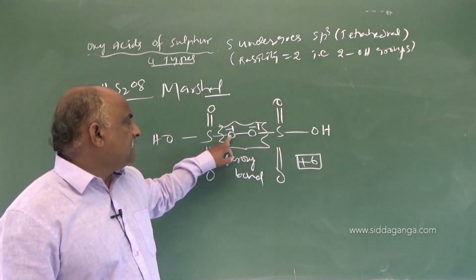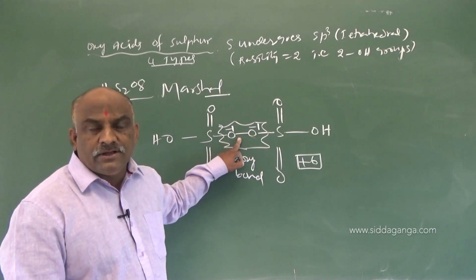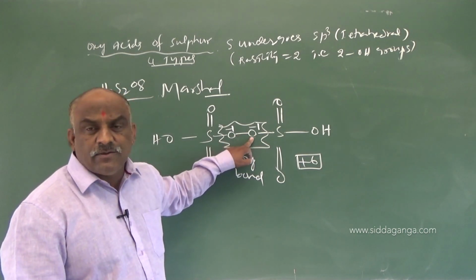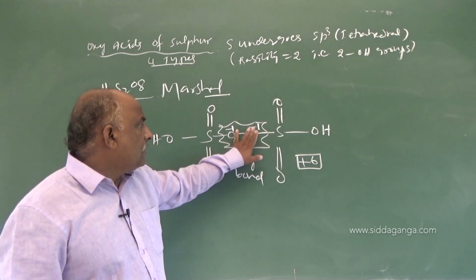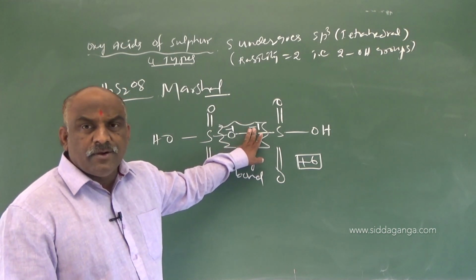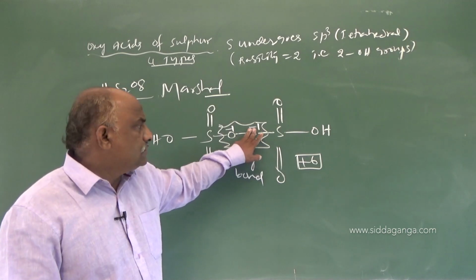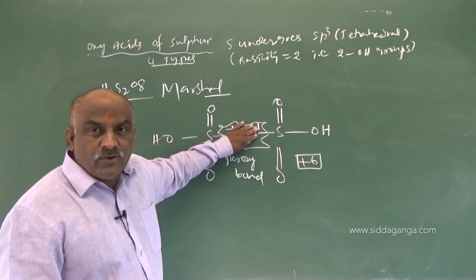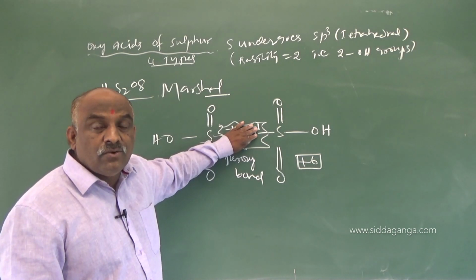Instead of oxygen, if it was sulfur atoms, that is said to be polythionic acid. Remove one oxygen, then it is called H2S2O7. Remove 2 oxygens, H2S2O6.